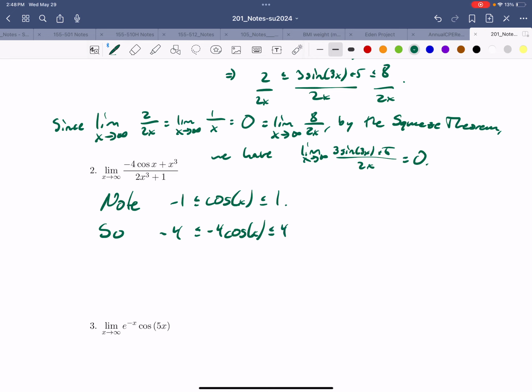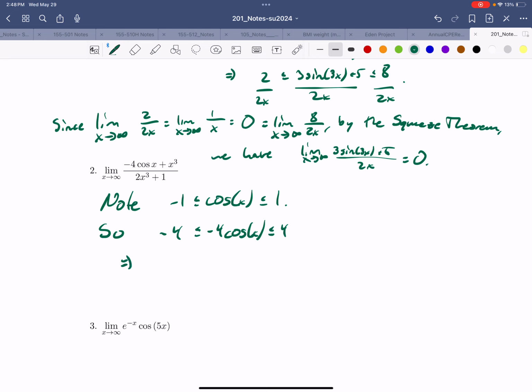All right, multiplied everything by 4, -4. Now, technically speaking, it would be 4 on the left side, -4 on the right. That wouldn't make sense. It's inequalities. You have to flop it. 4 can't be less than something and less than -4. So make sure to flop those. So anyway, we have this.